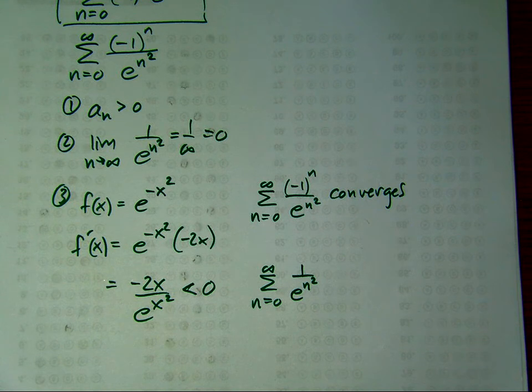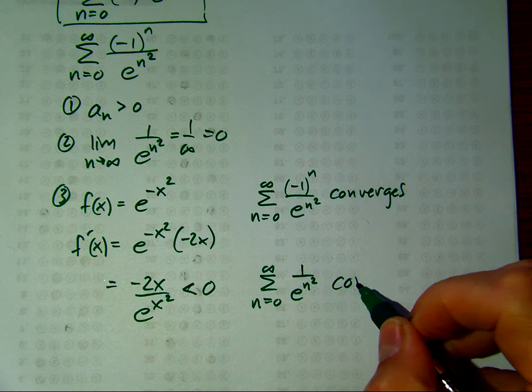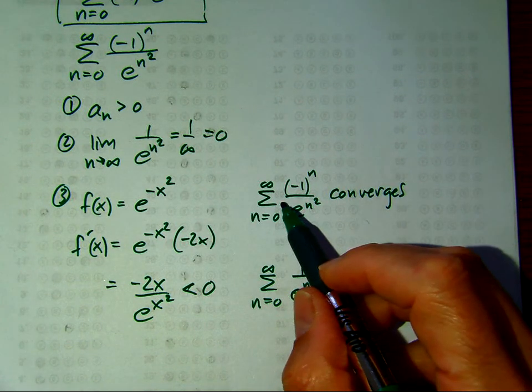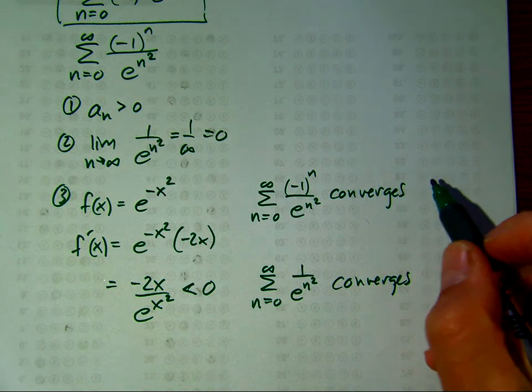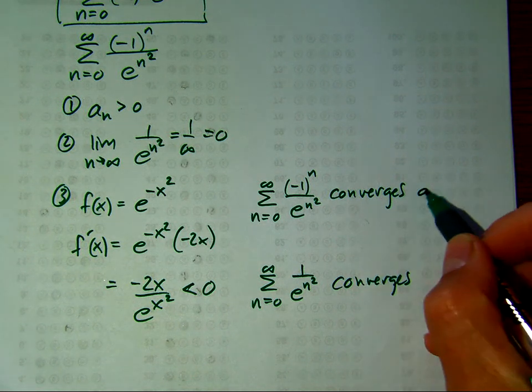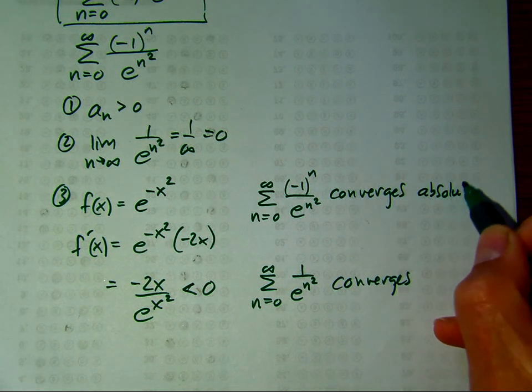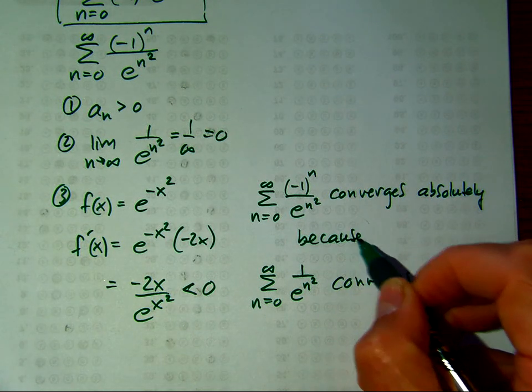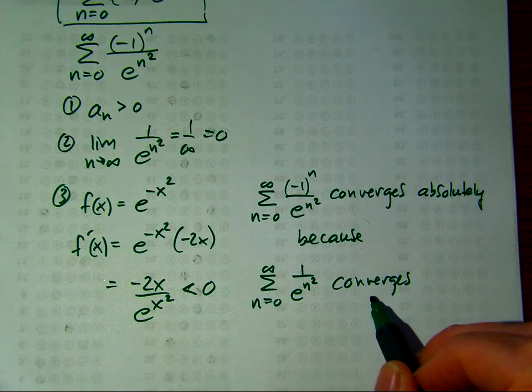We could do a direct comparison test, but that converges. So we say the alternating series converges absolutely, because this series converges, meaning it converges without alternating.